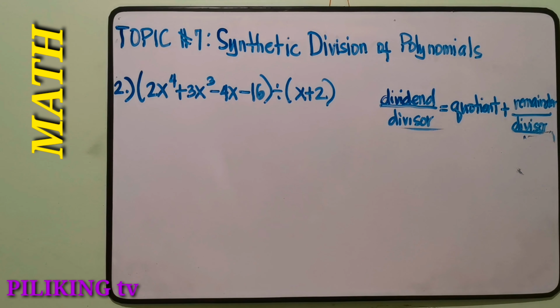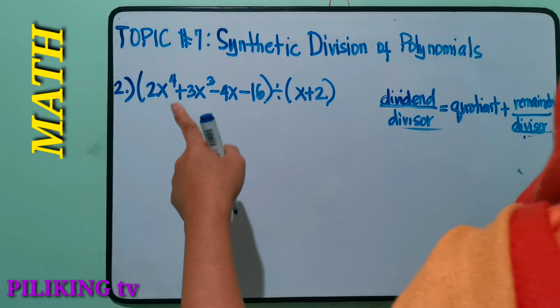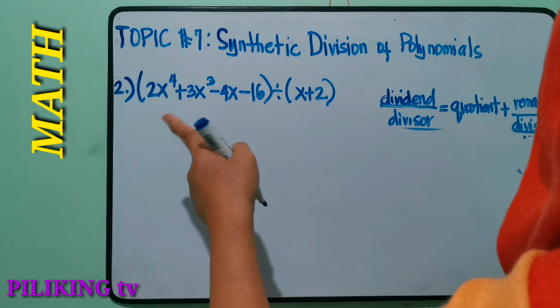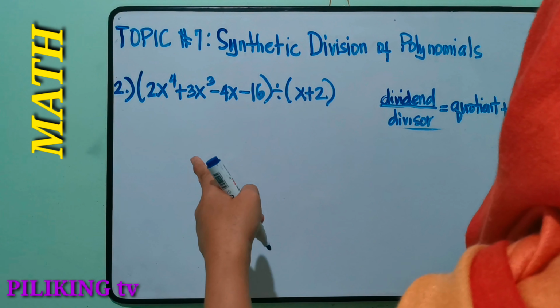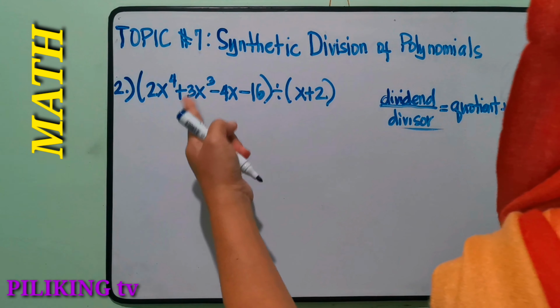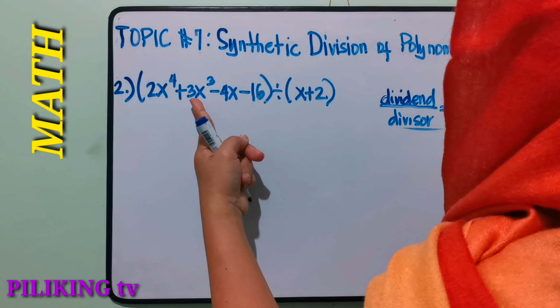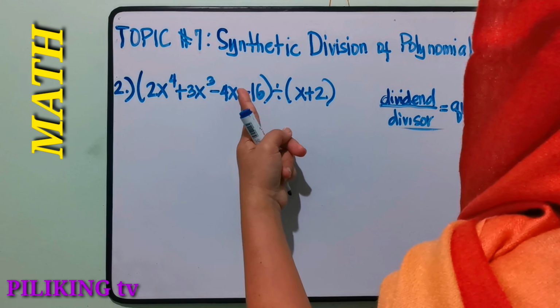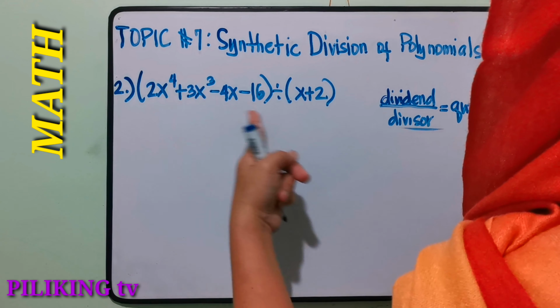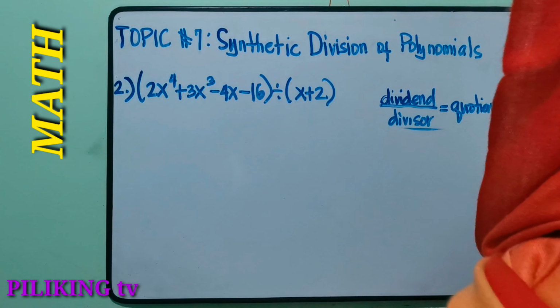Going back to our steps a while ago, you first get the numerical coefficients of all the terms. Remember, it should be according to the descending power of the variable x. Let us see if they are in descending power: we have 2x raised to 4 plus 3x cubed minus 4x minus 16. What is missing in the given? We do not have x squared.